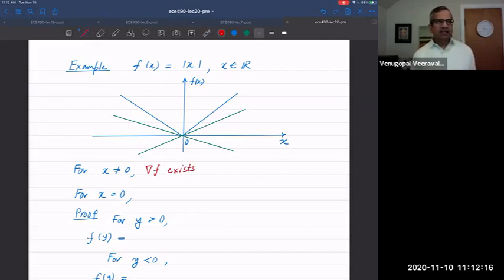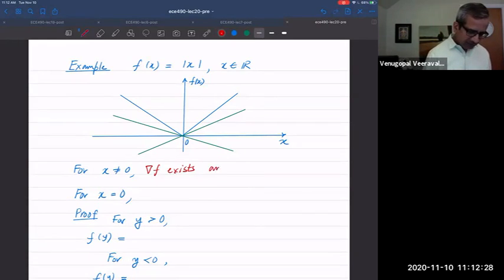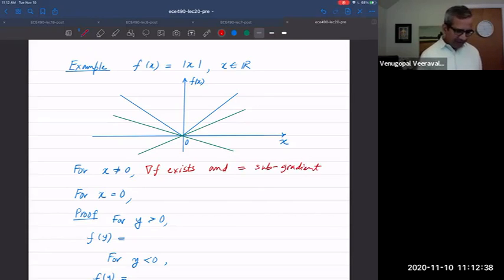If the gradient exists and the function is convex, then it automatically satisfies the property of the subgradient, so you don't need to check it. You get that directly from convexity, like we proved in lecture 4 maybe.